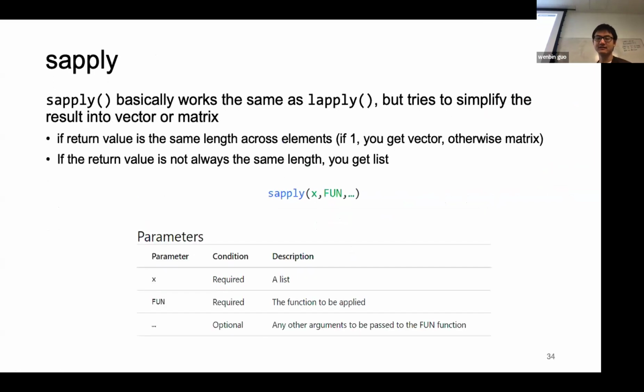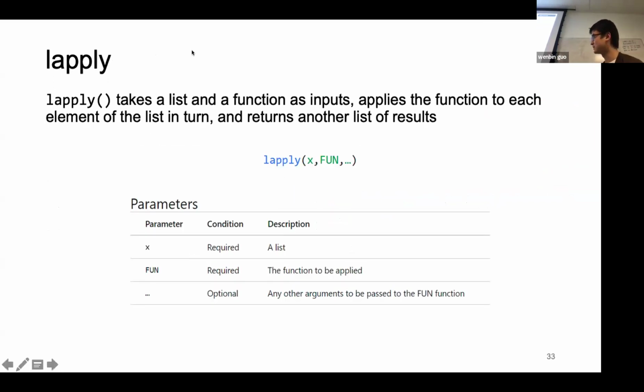Later we will see a particular example in our practice session. There are also some other options you can supply to it. For example, if your function takes an additional argument, you can just specify it as an additional argument in lapply. It will do the same thing.